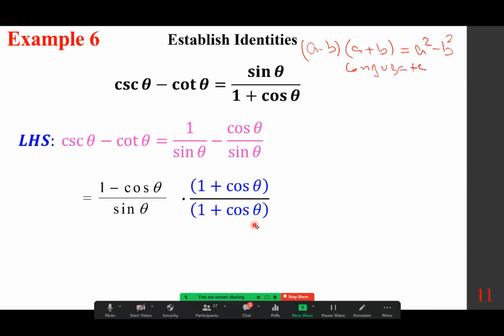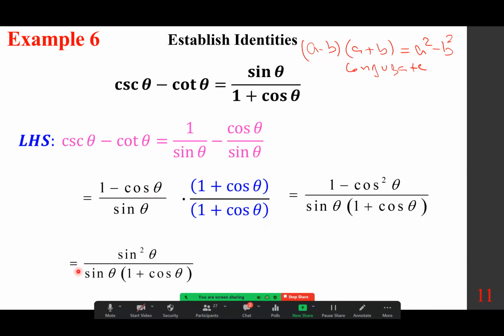So what happens? You write the bottom without changing, but the top is A squared, 1, minus B squared, cosine squared. This really is handy. And as you know, 1 minus cosine squared, according to Pythagorean identity, is sine squared.